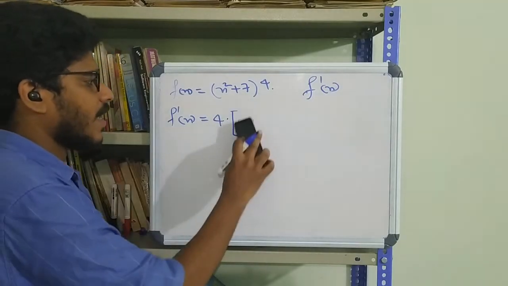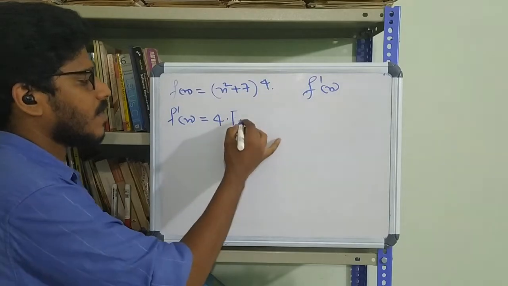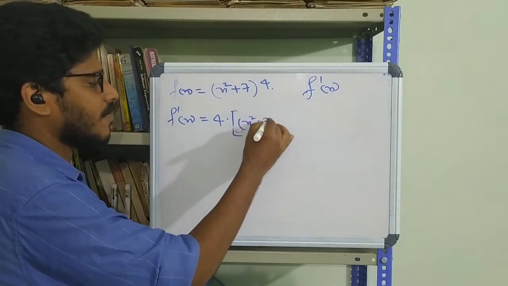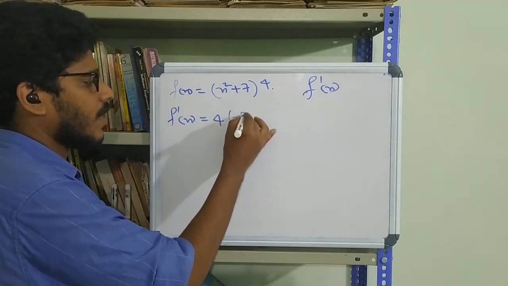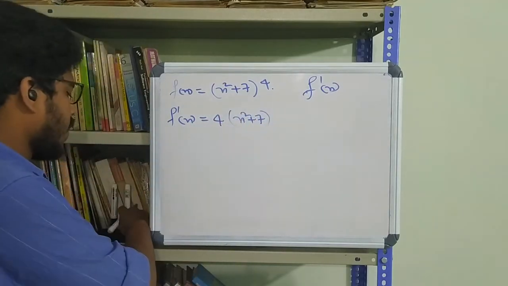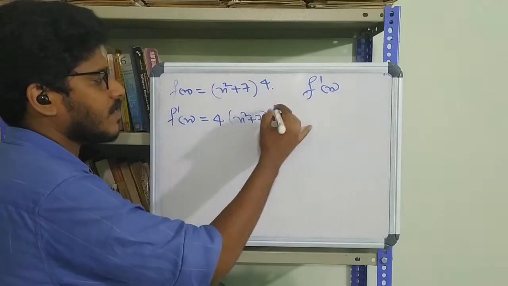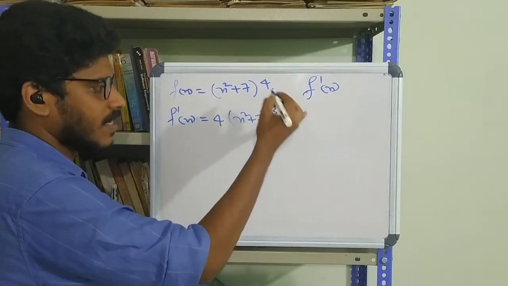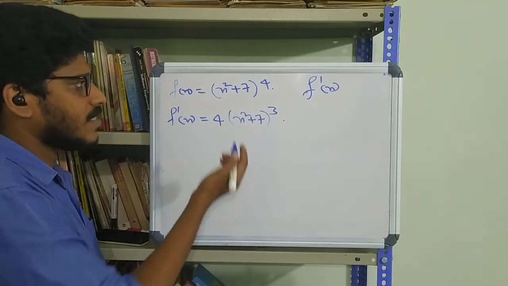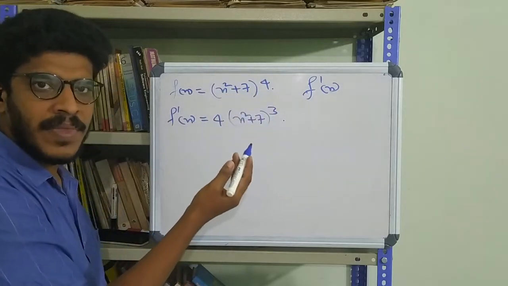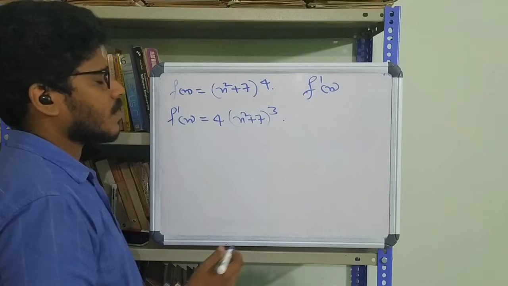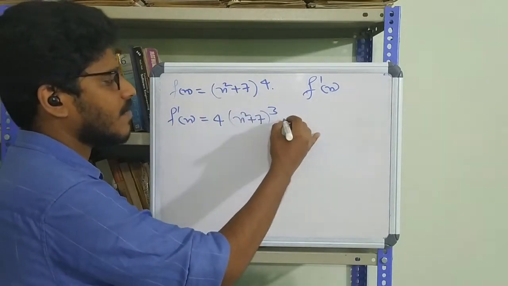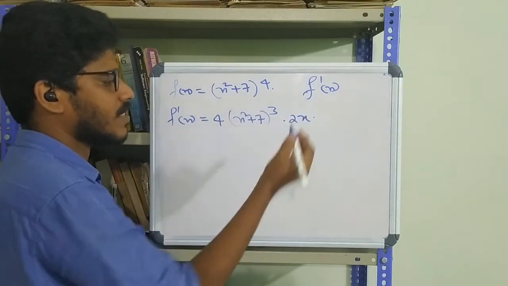what is g of x here? x square plus 7. We don't need these two brackets. x square plus 7 raised to 4 minus 1, which is 3, into g dash of x. g of x is x square plus 7, which is a quadratic function, so the derivative of x square plus 7 with respect to x is 2x.